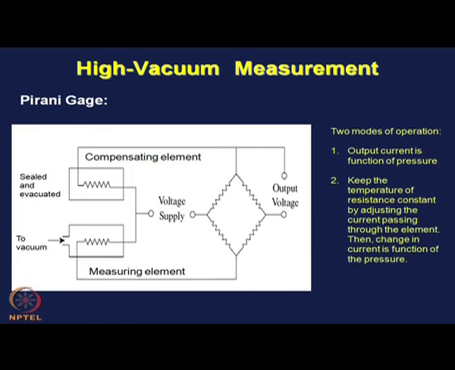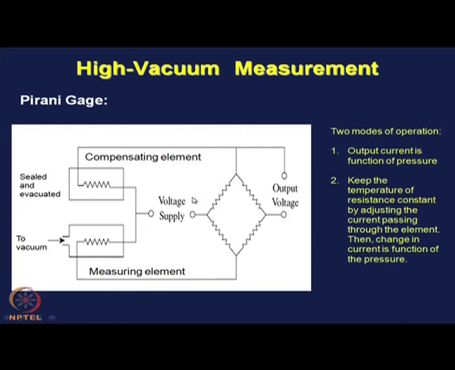So, initially we balance the bridge, and then the measuring element is connected to the pressure source, and the bridge unbalanced current is taken as a measure of pressure.